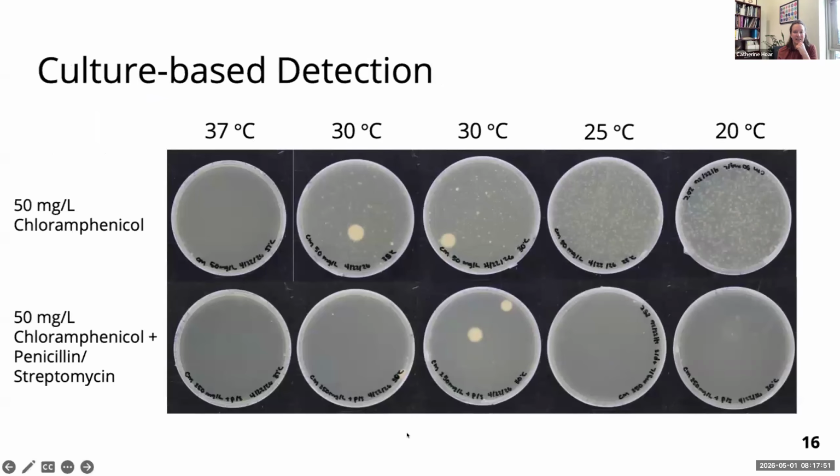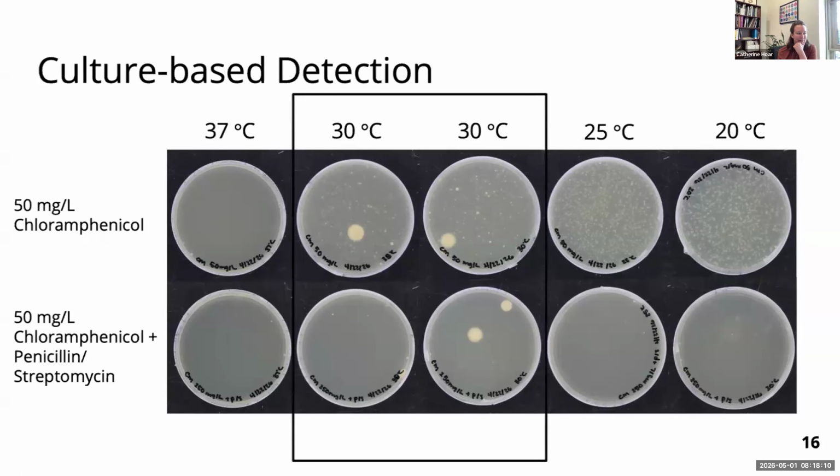Another thing that Leah has been working on in Dr. Hilbert's lab is optimizing our incubation temperatures for our plates to look at total fungal diversity in these wastewater samples, and also antibiotic concentrations. I think we've landed on 30 degrees C being probably the best temperature to still get fungal growth, with a combination of antibiotics to really make sure that we're getting rid of the bacteria in there.